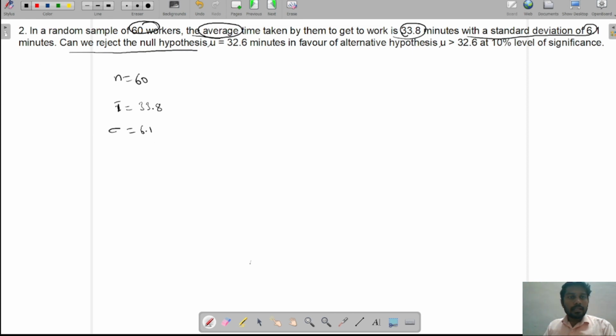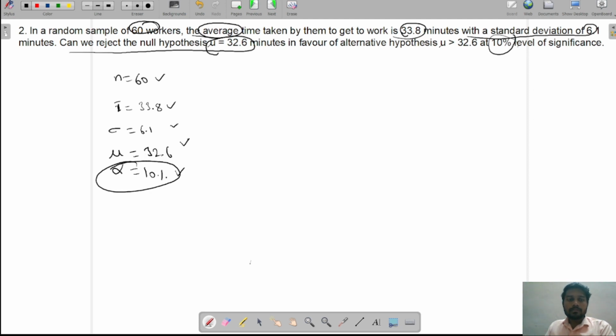Can we reject the null hypothesis nu equal to 32.6 minutes in favor of alternative hypothesis nu greater than 32.6 at 10% level of significance? So in this question he gives you alpha as 10 percent, and also gives the population mean nu equal to 32.6. See, 1 2 3 4, and along with these four, alpha is also given in the question. But if you observe the previous sum, in that sum he did not give an alpha value.